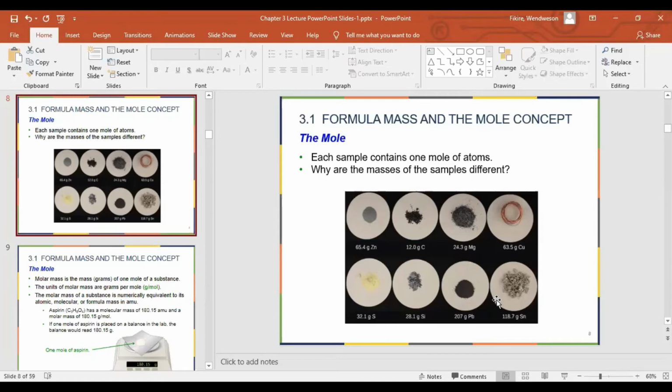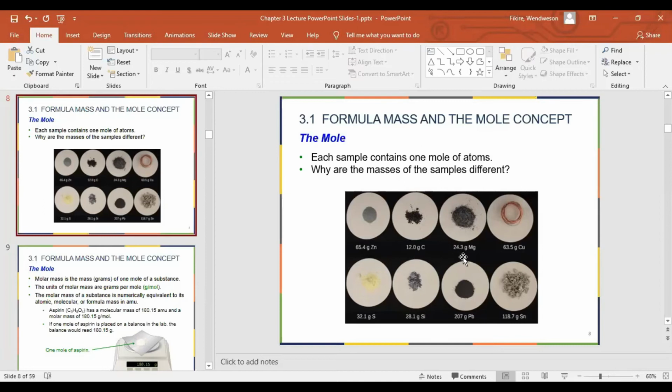In order to answer this question, you must have a periodic table next to you as we speak. I don't know where you are, in the kitchen, in the living room, on your sofa, wherever you are right now, at your desk. If you have a periodic table next to you, you can see the weight of zinc is 65.4 in the periodic table. The weight of carbon is 12.0 grams.